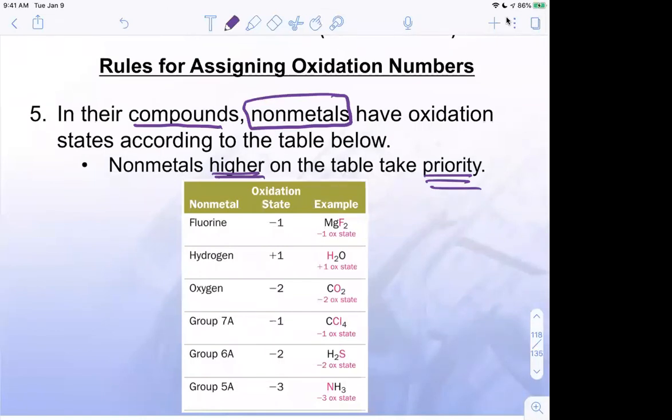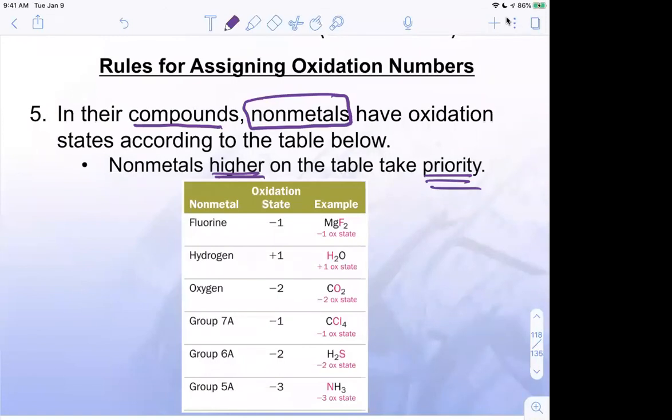So fluorine is usually a -1. Hydrogen is usually a +1. Oxygen is -2. Group 7A is -1. Group 6A is -2. Group 5A is -3. Those are all pretty predictable. If you were going to look at ions that form from these various atoms, you would predict these charges.